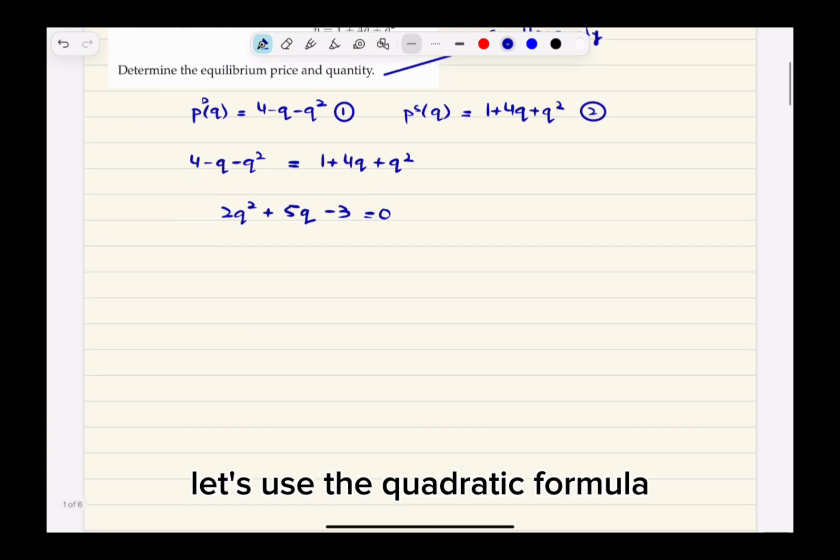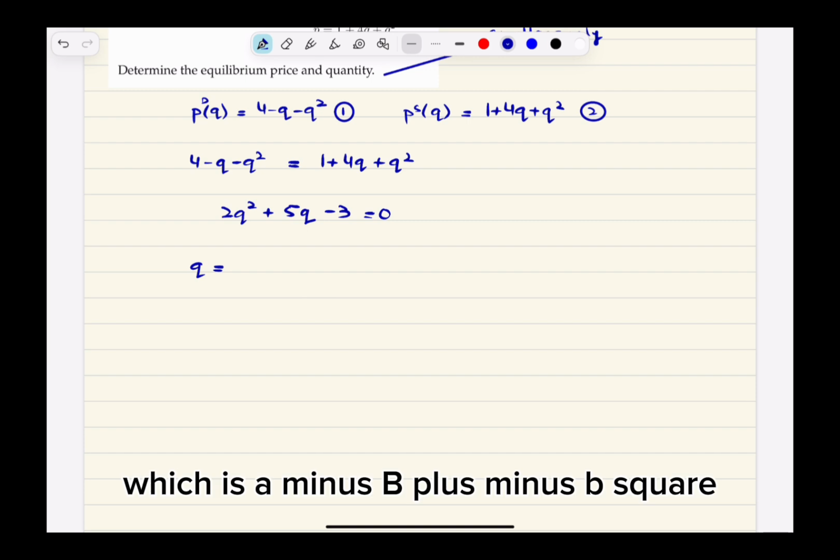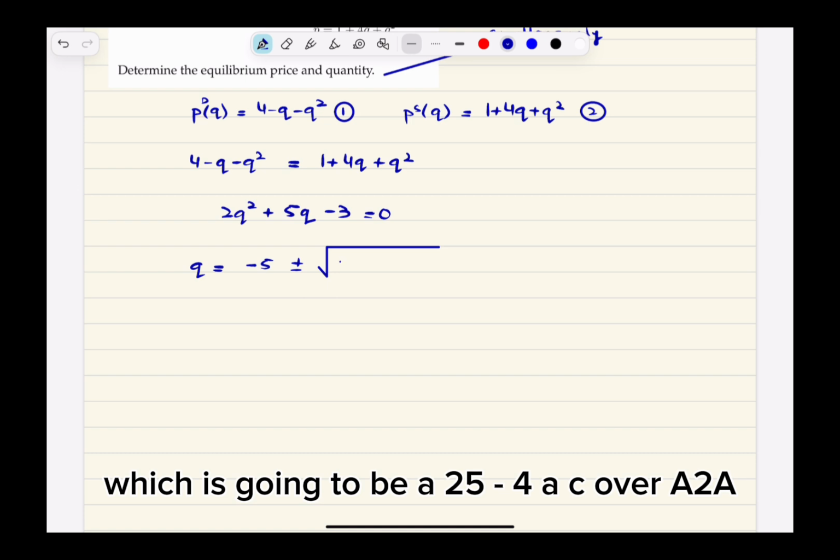Let's use the quadratic formula, which is minus b plus minus the square root of b square, which is going to be 25, minus 4ac, over 2a.